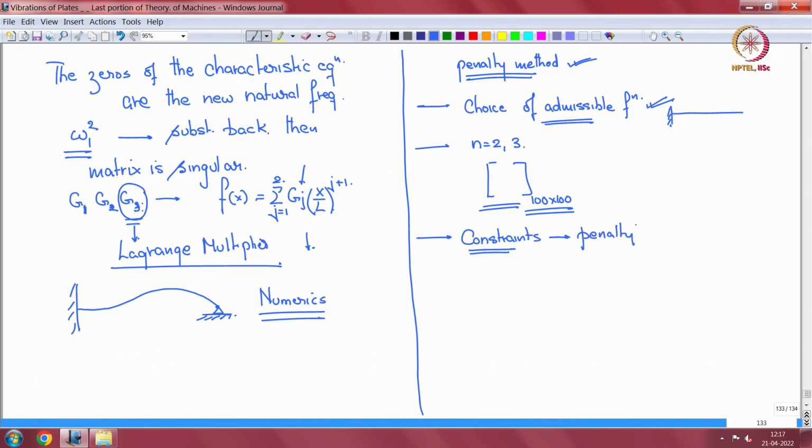The more you violate, the more penalty, and therefore you kind of force them not to violate. So we look at some of these in the coming classes. And these are all augments to the Rayleigh-Ritz method. The base is the Rayleigh-Ritz method.